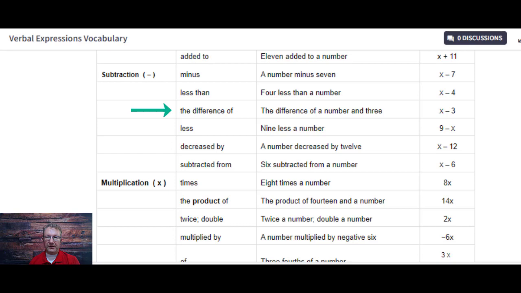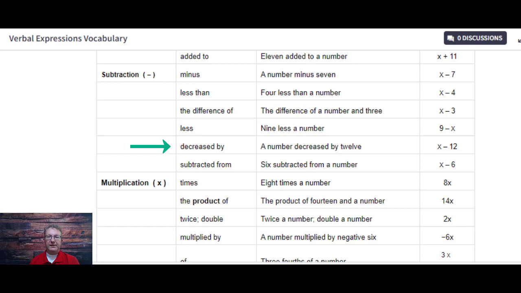The difference of, well, difference means subtract. The difference of a number, in this case x, and 3, is just x - 3. Less: 9 less than a number, but we're starting off at 9, we're making it less than some unknown value, which is why we got 9 - x.